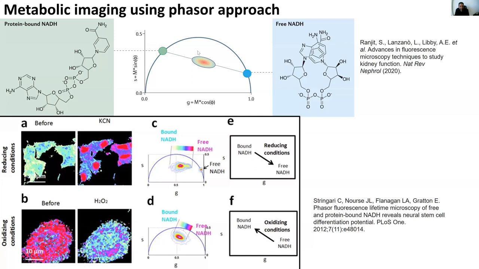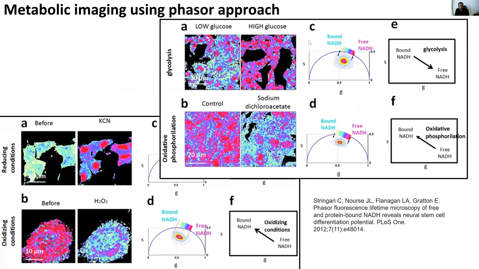By understanding that, they also looked at glycolysis. So if you add high glucose, it goes towards free NADH. And if you use sodium dichloroacetate, which pushes it towards oxidative phosphorylation, you see it's more going towards bound NADH. So now we have a way to look at changes between glycolysis and oxidative phosphorylation, at least a relative fraction of that.